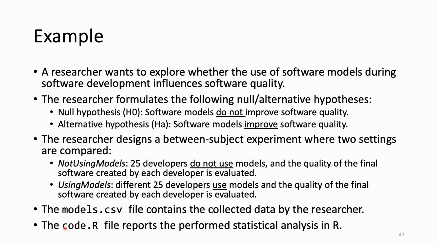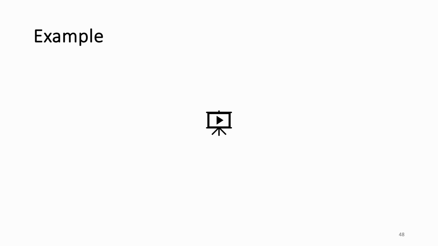And then I have another file called code.r, where we will see all the statistical analysis that we are going to perform using the R tool. Okay, so now you can pause this video and then you can run the video that shows the example about how to compare two means.